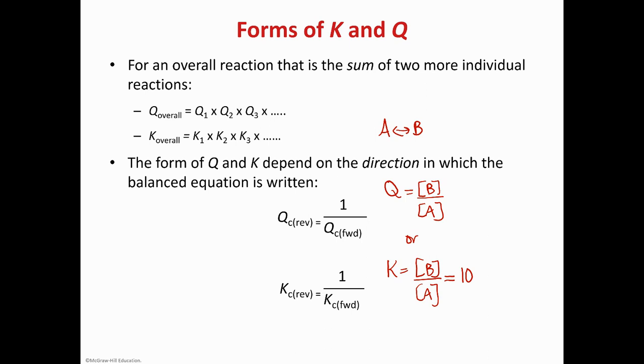What would the K be if I wrote the reaction of B going to A? In other words, the reverse. Well, if you notice, that would mean that my K would be A over B. And do you see how it's the reciprocal of this? This would be flipped. So that would be 1 over 10. Okay, bottom line, if we know the K or Q going one way, we can find the reverse way by just taking its reciprocal.